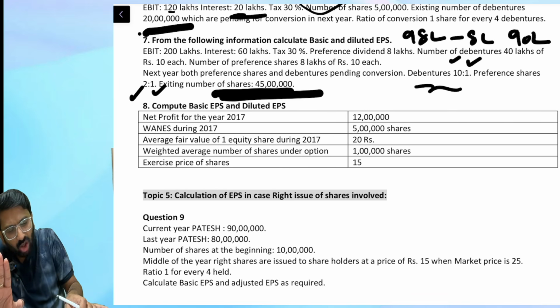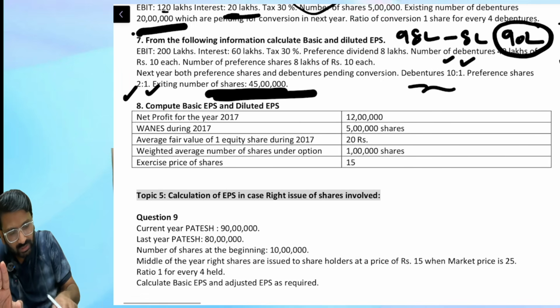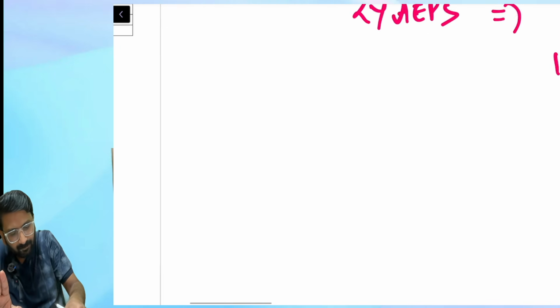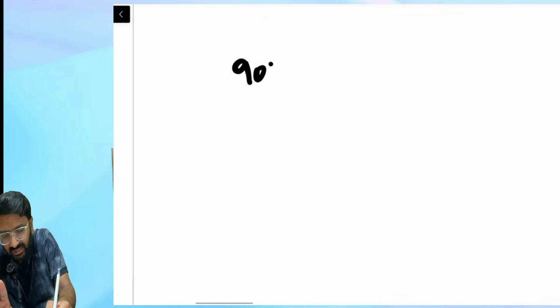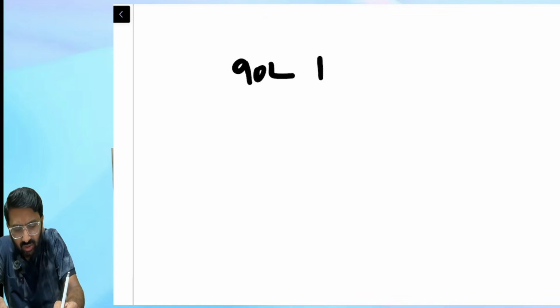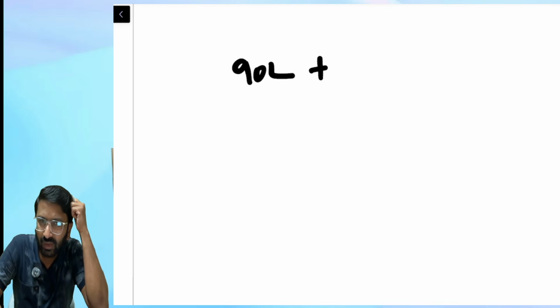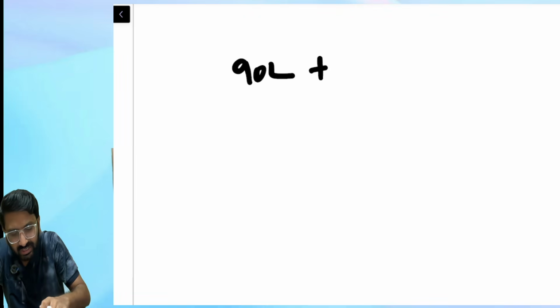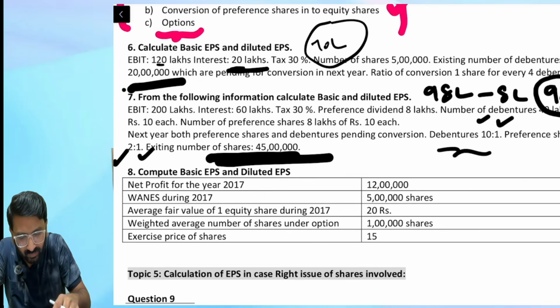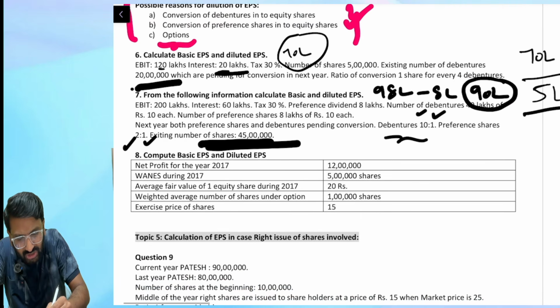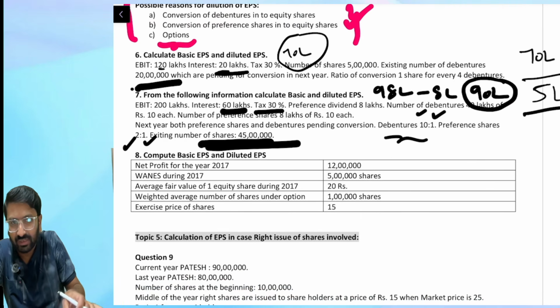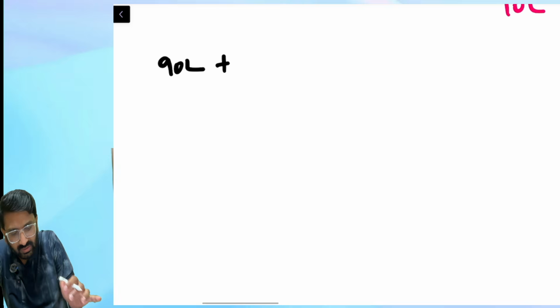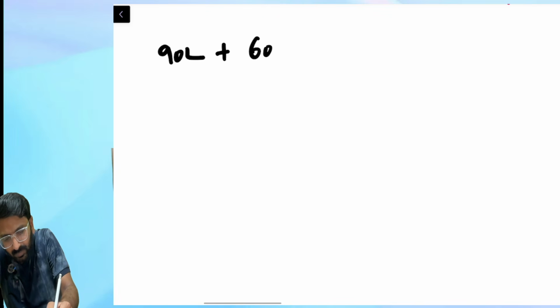Now, how much is diluted? We know current year profit is 90 lakhs. So in the numerator, I'll take current year 90. In the next year, you'll be converting debentures, and because you're converting debentures, you'll be saving interest net of tax. So how much is the interest on debentures given here? 60 lakhs into 0.7, so I'll be saving 42 lakhs.